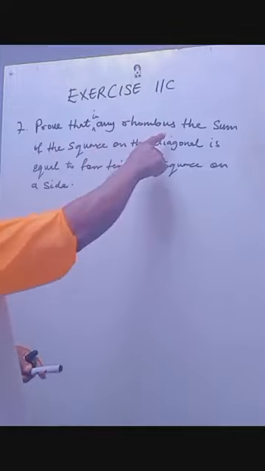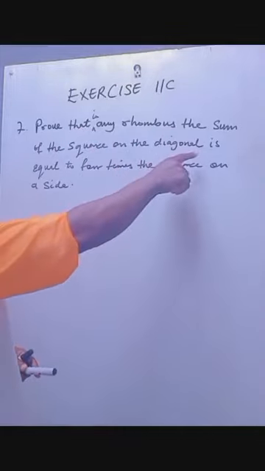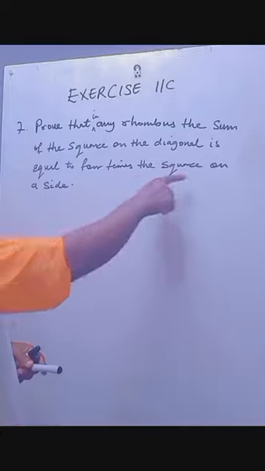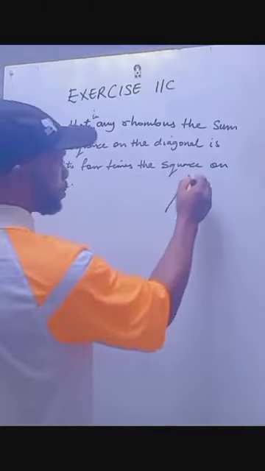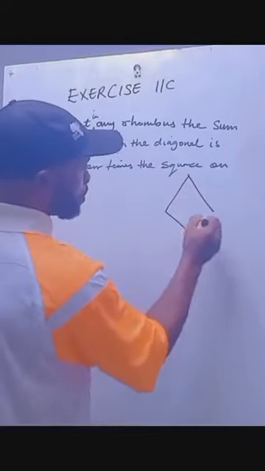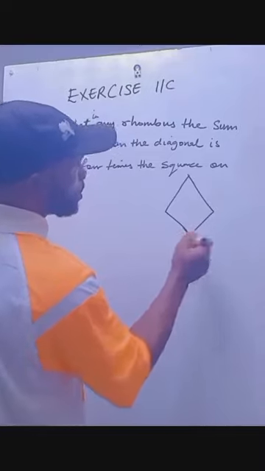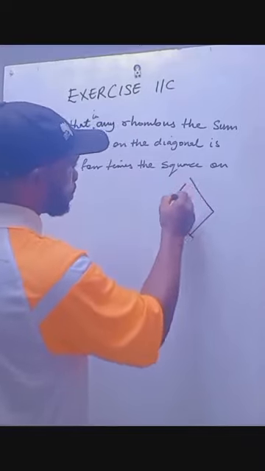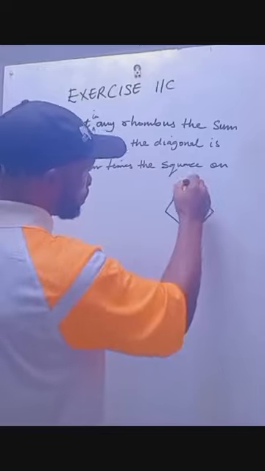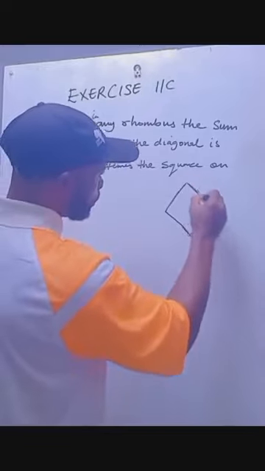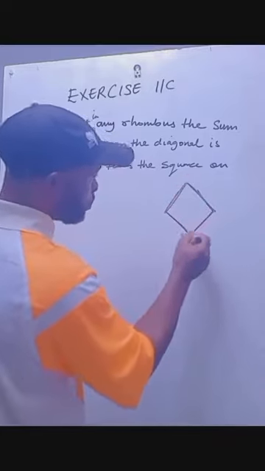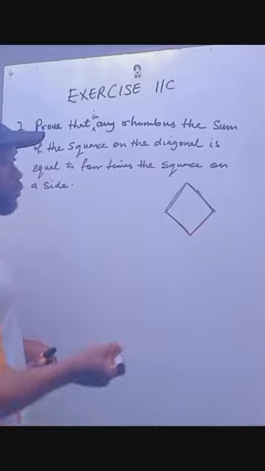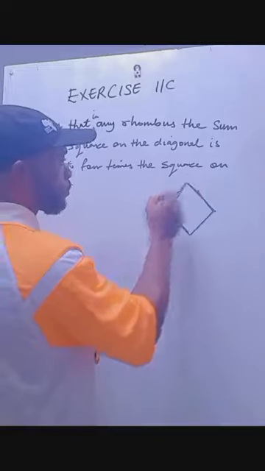Exercise 11C, question number 7. Prove that in any rhombus, the sum of the square on the diagonal is equal to 4 times the square on a side. So let this be the rhombus. The sides of a rhombus are equal.